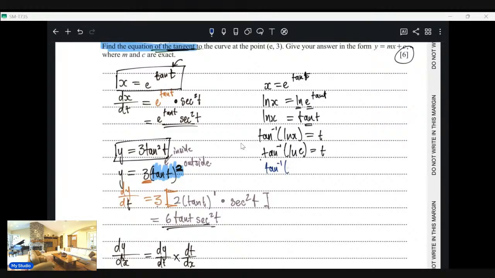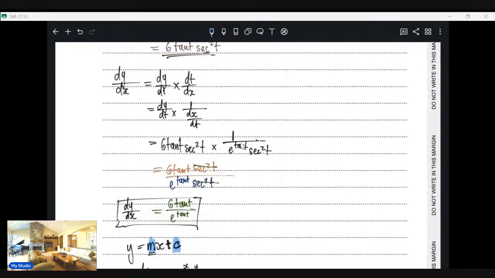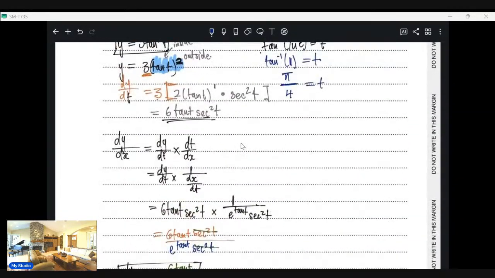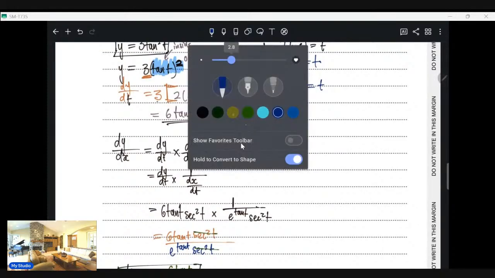You get 1. So now tell me, what is second function tan of 1? Pi over... half, or pi over 4, which is 45 degrees. So you have it as pi over 4, which means now you can finish it off because you have t, which you can use to find m, right?